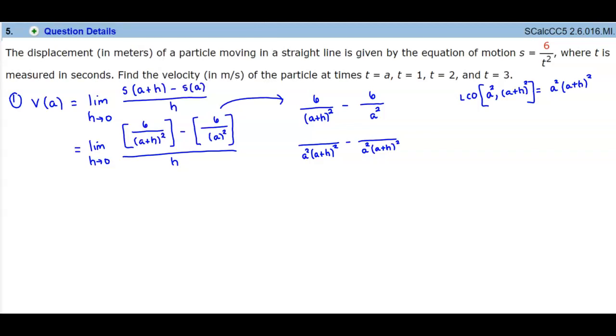So what do we need to multiply by here to get a squared times a plus h squared? We need to multiply this by a squared. So we get 6a squared here. And then we have to multiply this denominator by a plus h squared, which is the same thing here. So we get 6 times a plus h squared.